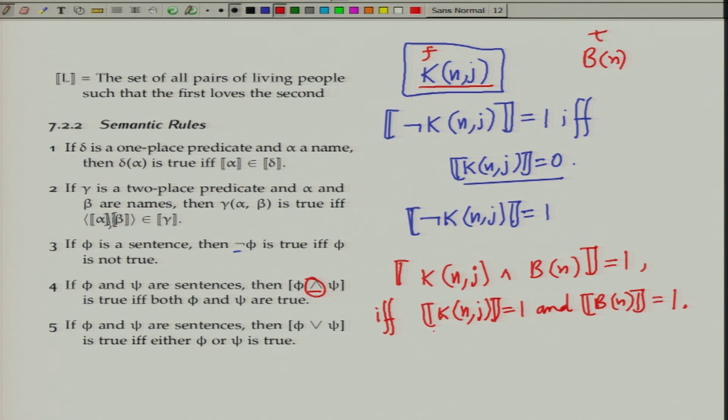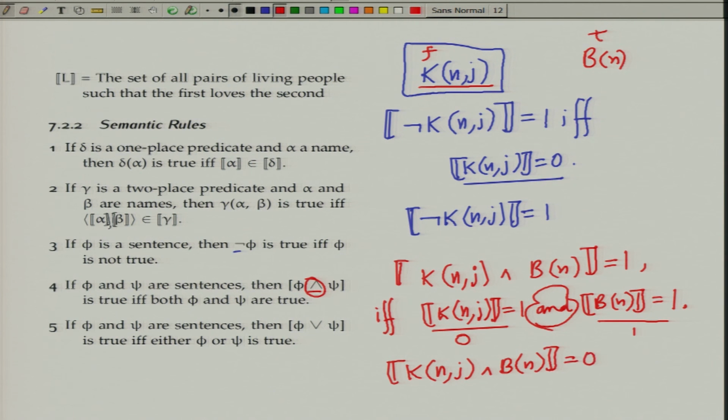Both conditions have to be fulfilled because we have an and here. We understand that it is not possible because this is a false sentence, although this is true. Because both the conditions are not fulfilled, we must say that the truth value of this big sentence is 0.